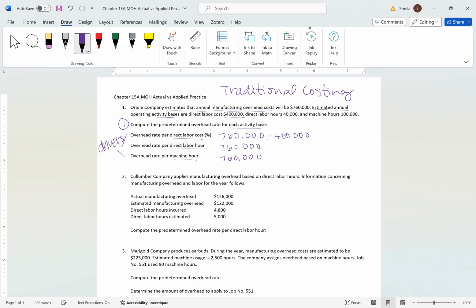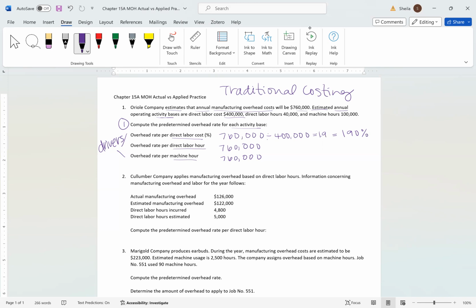Now, in this case, if we take 760 divided by 400, we get 1.9. Well, what that means is really we're saying that for these jobs, if we used this driver, that would represent manufacturing overhead to be applied at a rate of 190% of our direct labor cost.